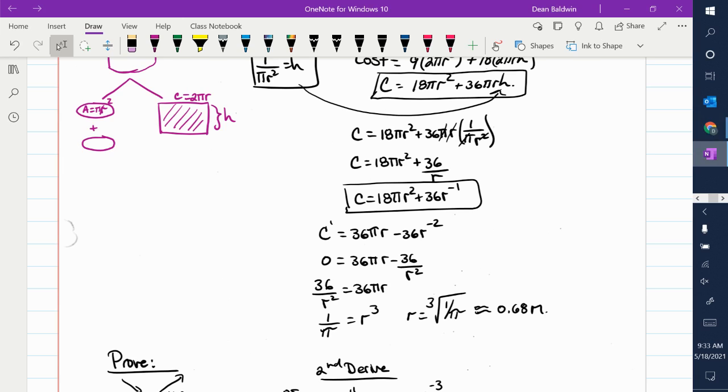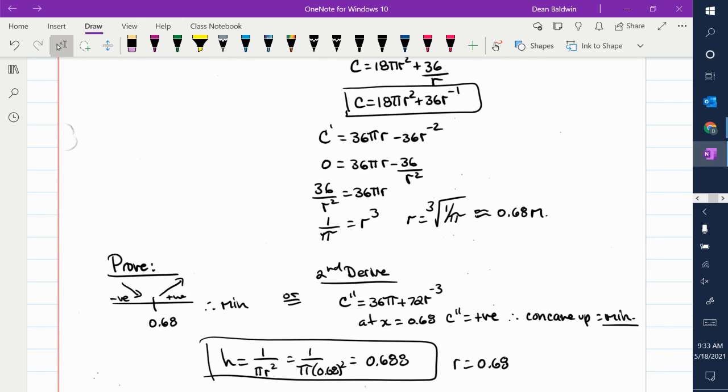Cube root of 1 over pi. Here's my derivative. Set it equals 0. Move that over, multiply that up. 36 cancels, sorry. You get 1 over pi is equal to r cubed. Cube root both sides, you get about 0.68. Yes? And then you just have to prove that that's a max or a min.